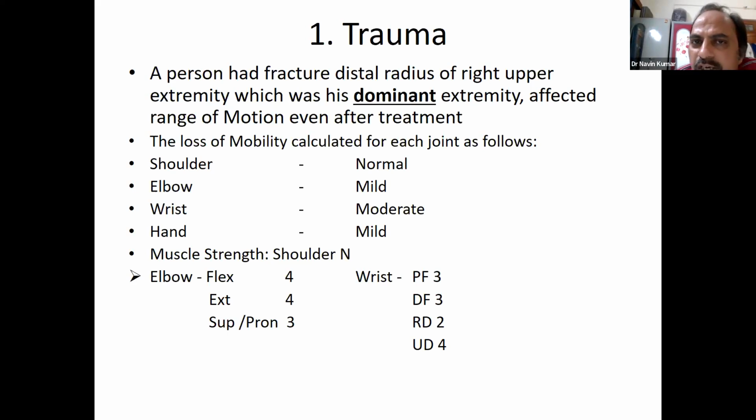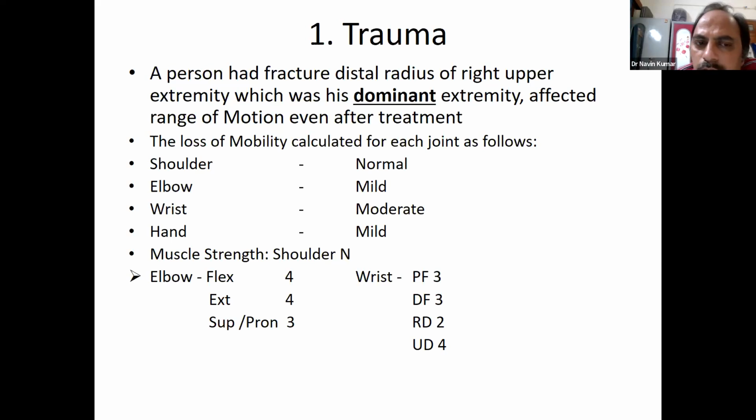A person had a fractured distal radius of the right upper extremity, which was his dominant extremity, and it affected range of motion even after treatment, as follows. The loss of mobility was: shoulder was found to be normal, elbow was mild, wrist was moderately involved, hand was mildly involved.